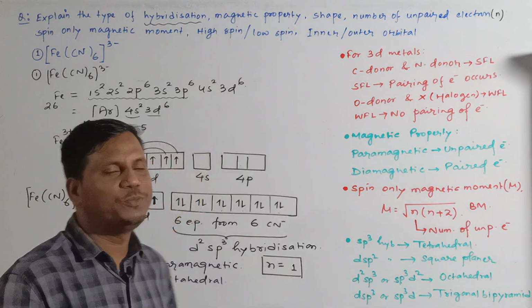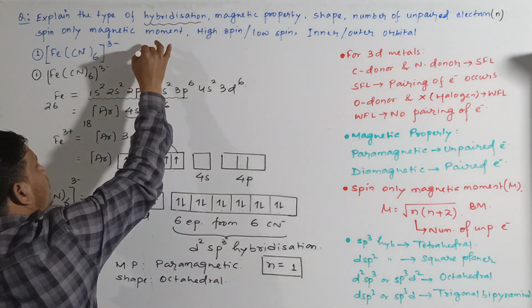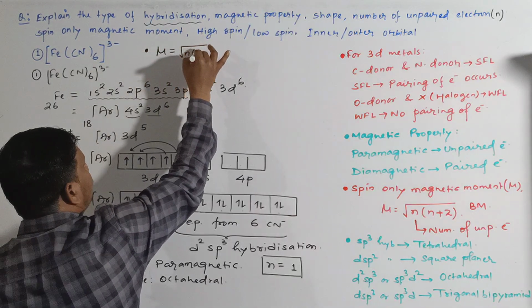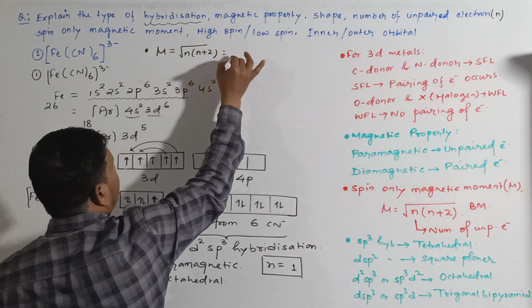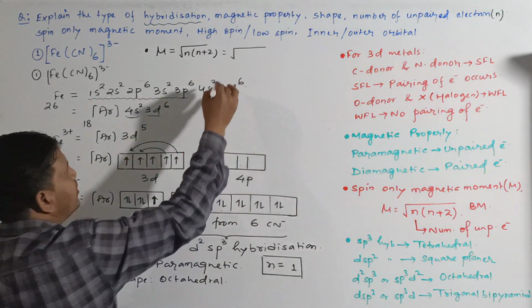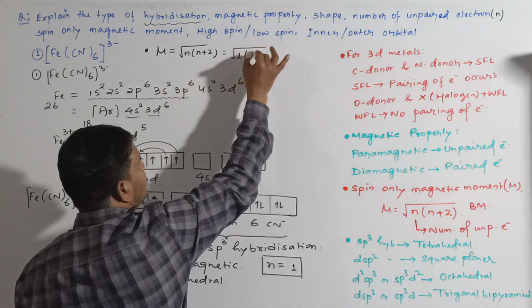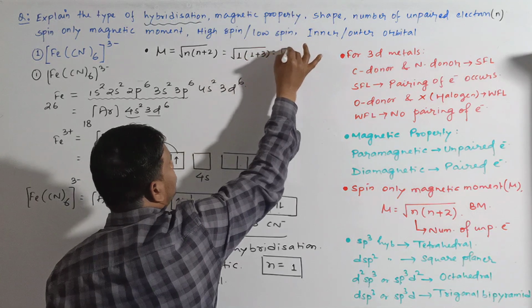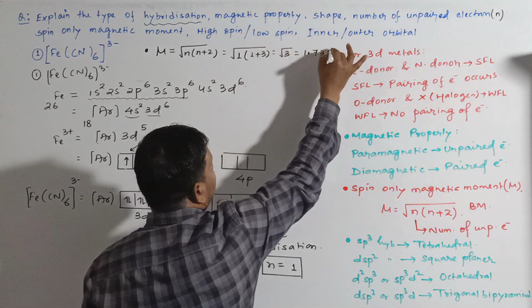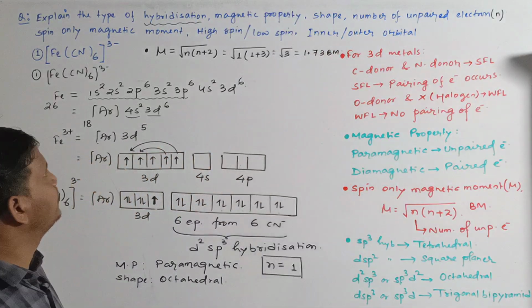We have the formula mu is equal to root over n(n+2). The value of n is 1 because one unpaired electron is there. So 1 into 1 plus 2, that is equal to root 3, and root 3 is 1.73 BM, Bohr magneton.